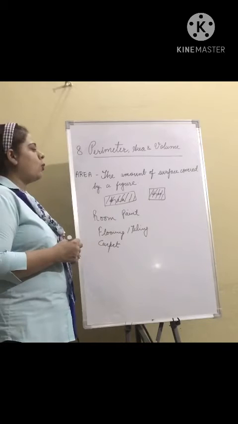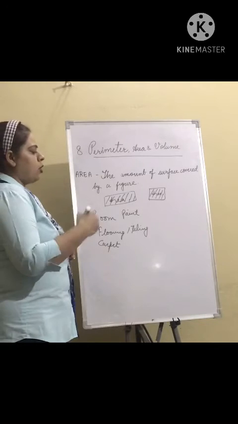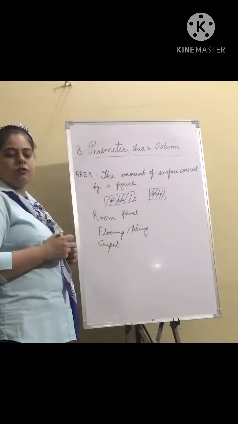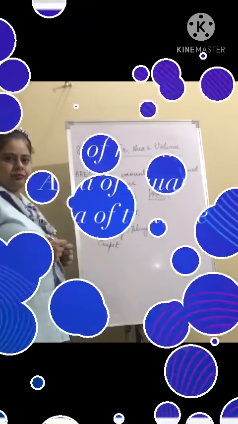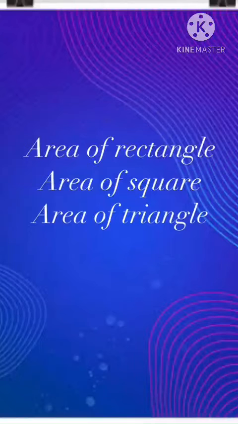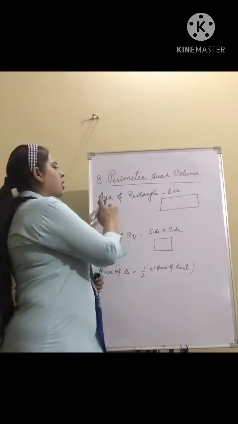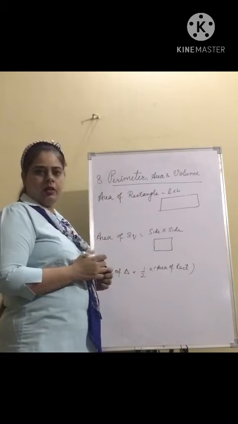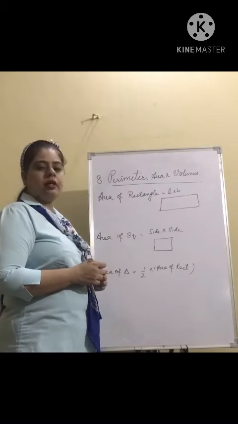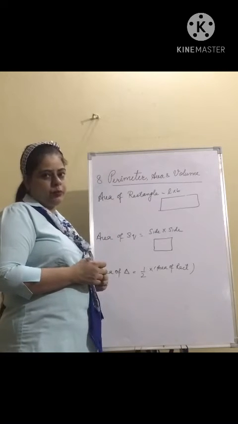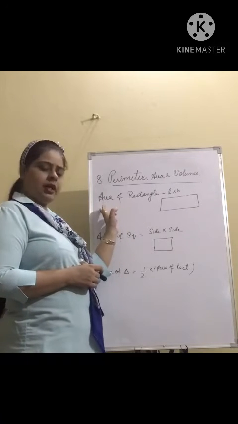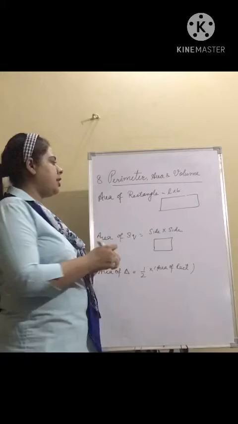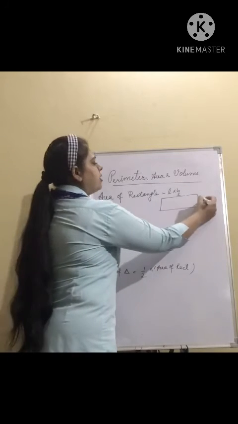Now what are the formulas of finding out area of a square and rectangle? Let's see that. Now first formula is area of rectangle. Formula of area of rectangle is length multiplied by breadth. In perimeter we used to add it, but in area we used to multiply it. Length is this and breadth is this.